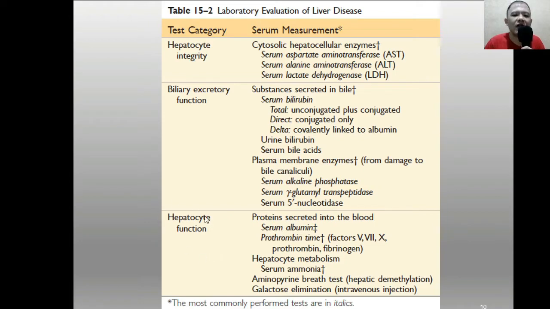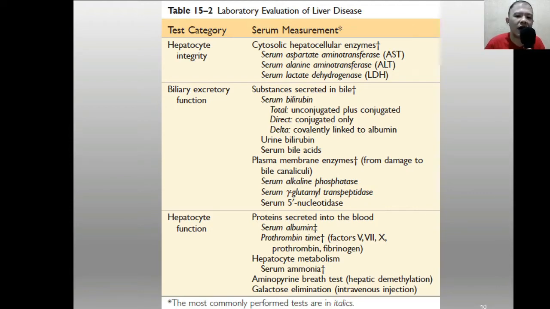Next is you have hepatocyte function. Okay, so among these three, this one, hepatocyte function, is the real liver function test. Why? Because it assesses the function of the liver, okay, the hepatocyte itself. So how? So as we all know, the liver is responsible for producing albumin.